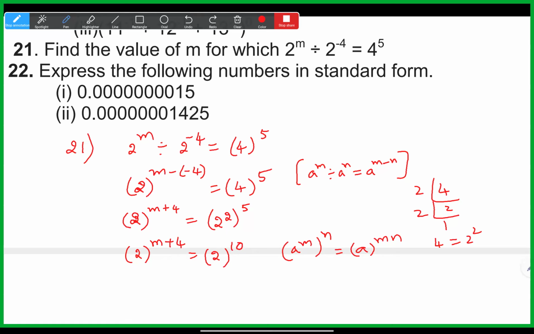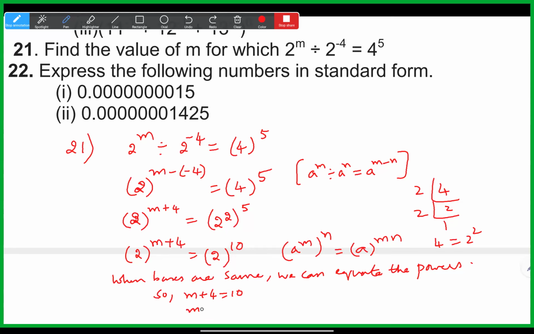Yes. So now bases are the same. The rule in an equation is that when bases are the same, we can equate the powers. So I have to write m plus 4 is equal to 10.